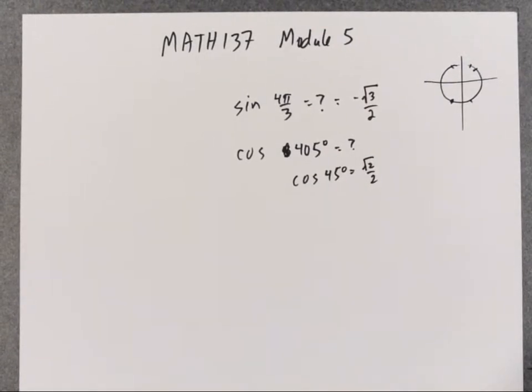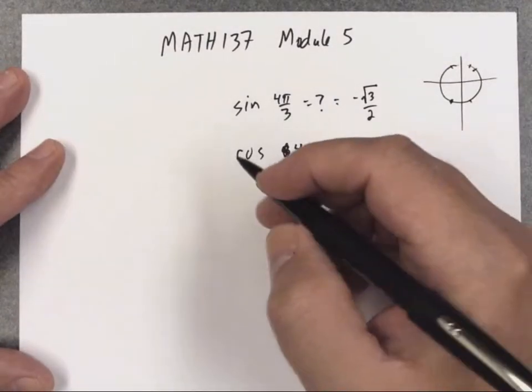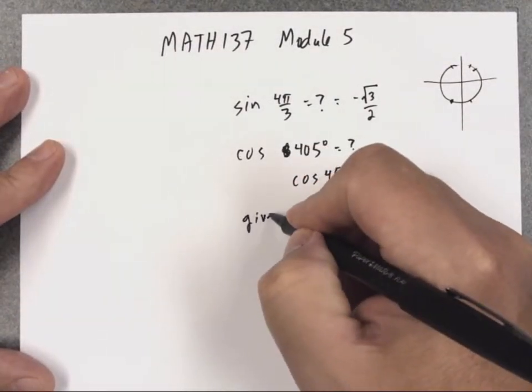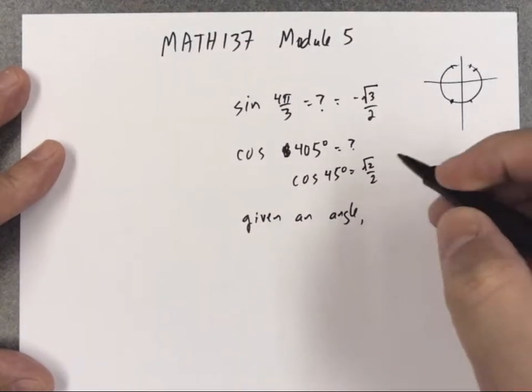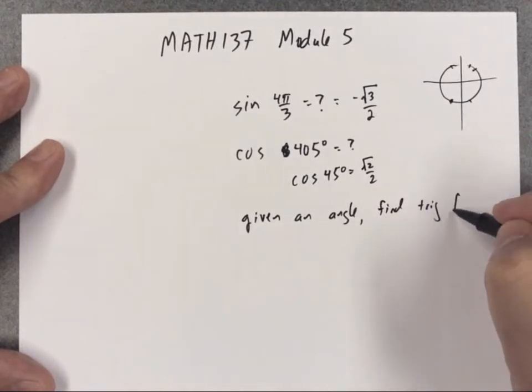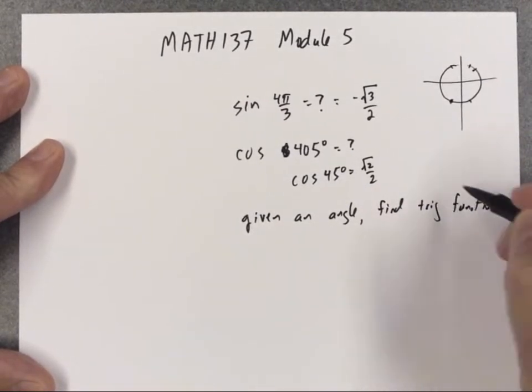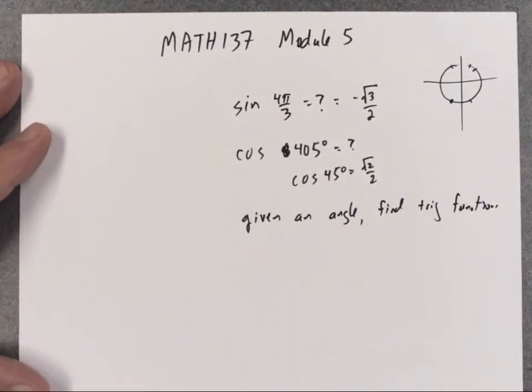Now what we're going to do here in Module 5, we are going to sort of flip this around. What do I mean by that? So far, up until now, you've been given an angle, and then we found various trig functions. Now we're going to flip that around, and I'm going to say something like this.